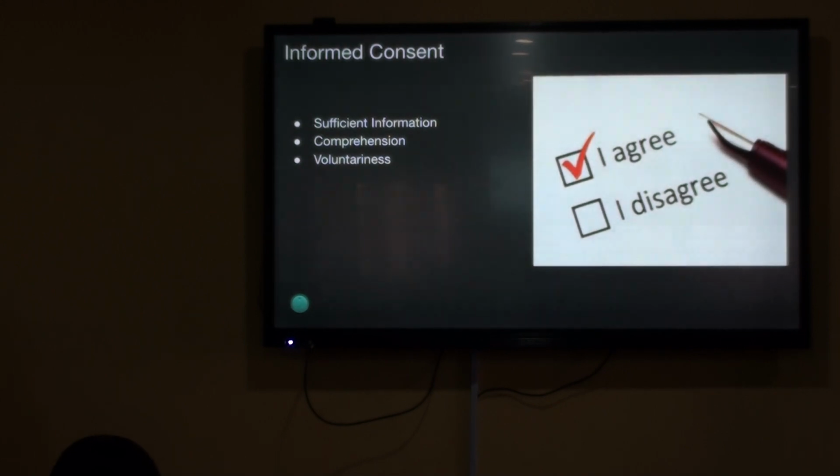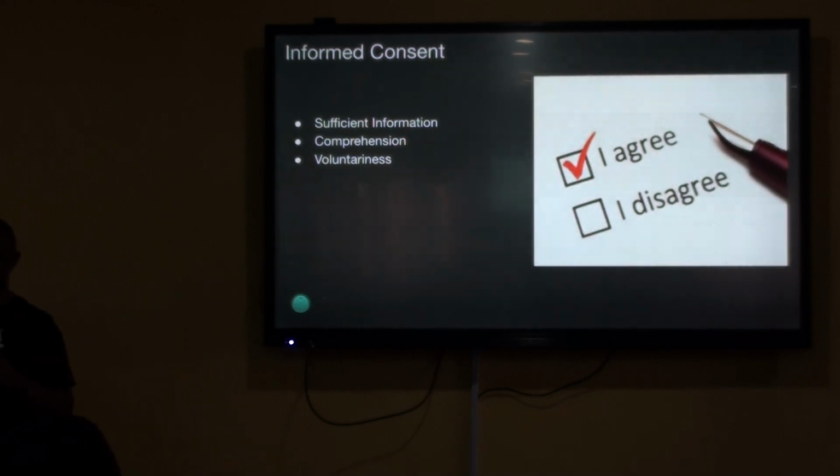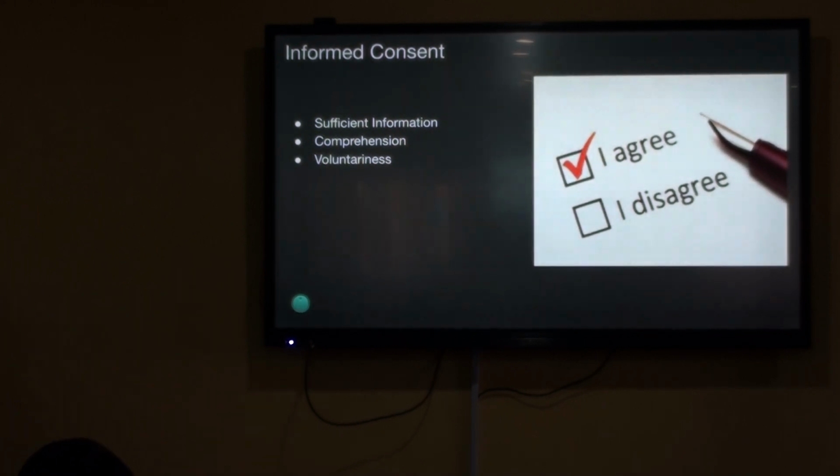But how many people actually read that? How many people? You do. That's actually very good. I think maybe only 1% of the world population actually reads the small prints for informed consent for big tech companies. But we don't have to follow that practice.